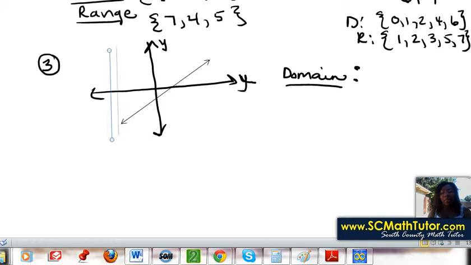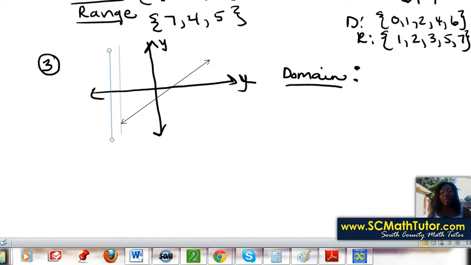Run it from the beginning. Domain represents the x, so you're running your straight edge across the x. Where you start, notice you hit an arrow.